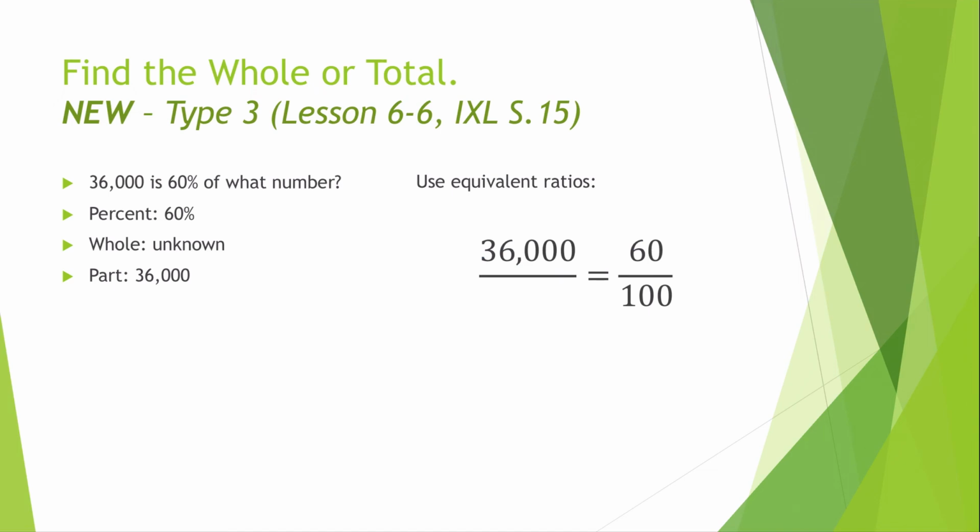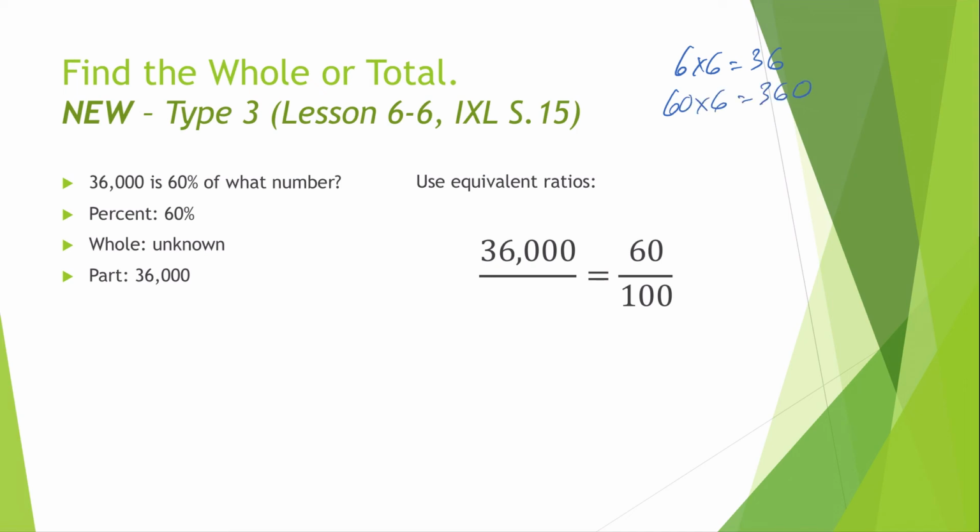And here's another type 3 question with bigger numbers. Don't be scared. And again, for this one, if I try to get from 60 to 100, it's going to be a repeating decimal, so that's not going to work. But what's nice is I can go from 60 to 36,000 pretty easily. I know that 6 times 6 is 36. So 60 times 6 would be 360.